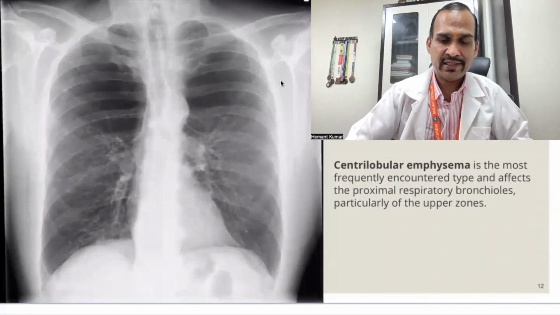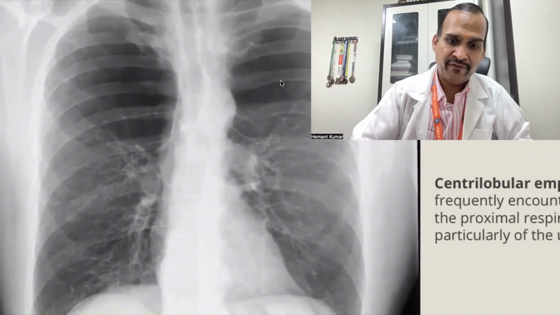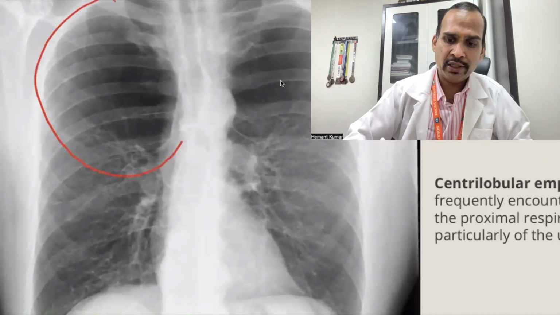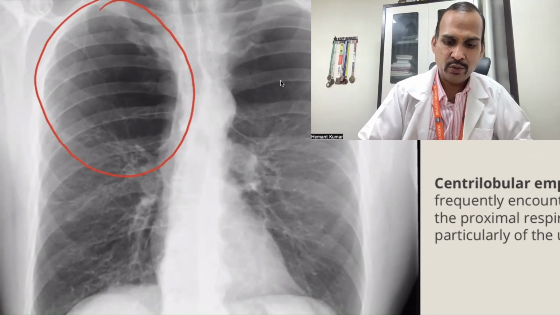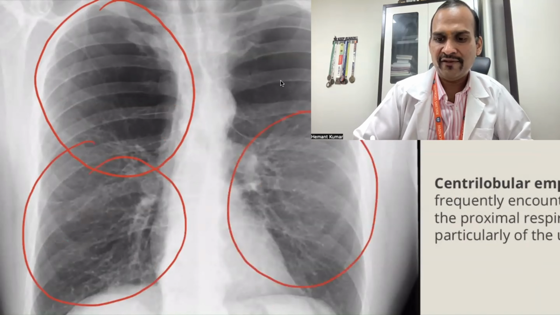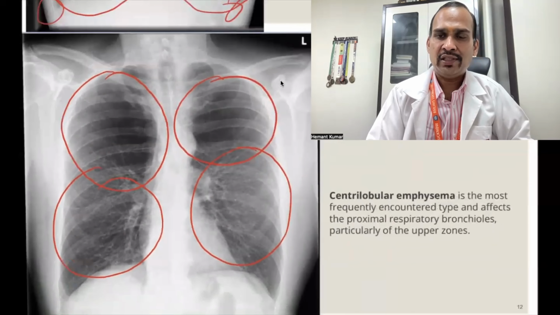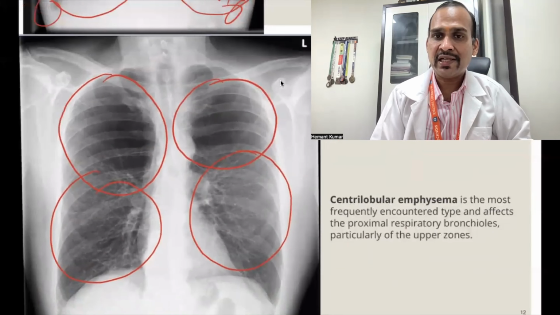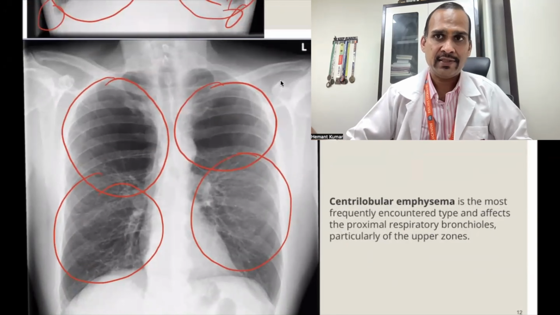If you see this X-ray carefully, you can appreciate there is emphysema, blackening, more radiolucency in the upper lobe as compared to the lower lobe. The lower lobe is quite normal. So this is a typical example of centrilobular emphysema, which is common in smokers, COPD.